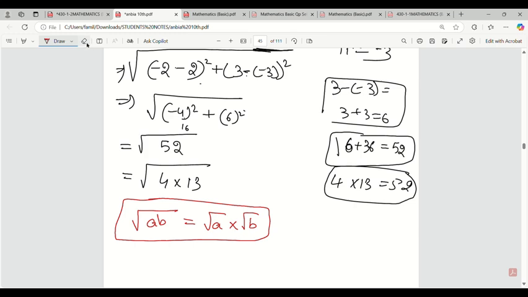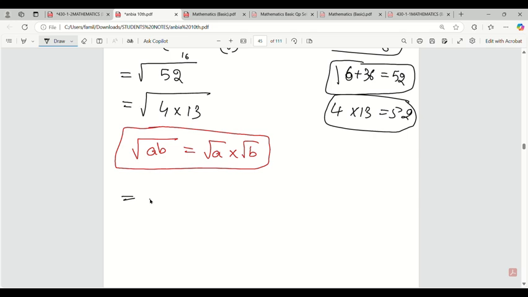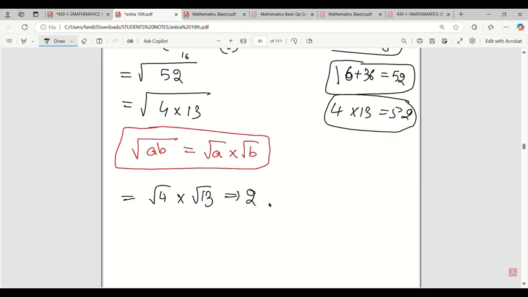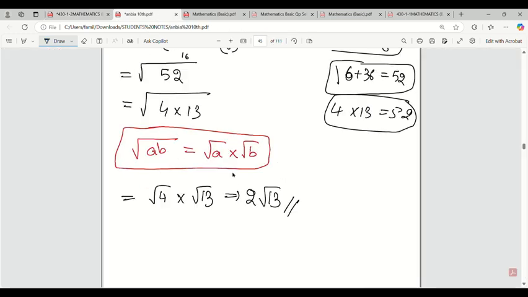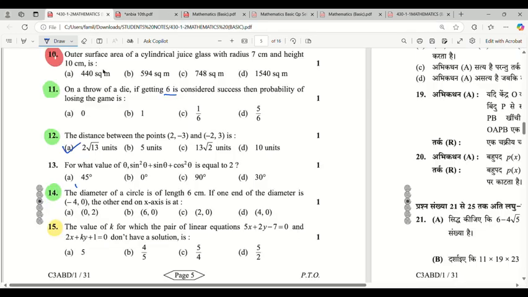But they should be either in multiplication or division, because this is applicable only for multiplication or division. So here what we'll get? Root 4 into root 13, which will give you 2 into root 13. This is the answer: 2 root 13.